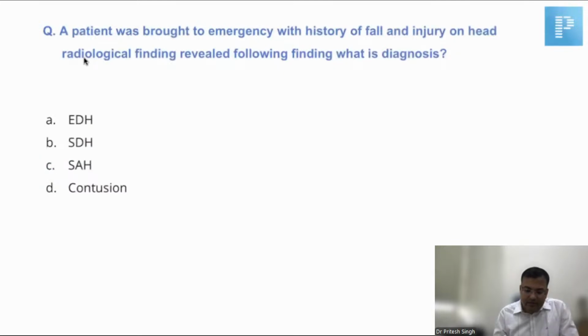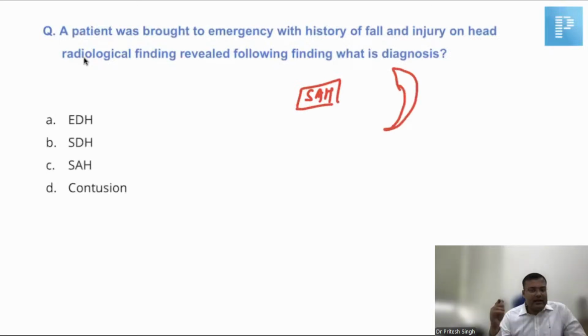Next. Patient was brought to emergency with history of fall and injury to head. Radiological finding revealed, what's the diagnosis? Somebody was telling me that, sir, it was SDH. What was the image, guys? Okay. Somebody says that no. So it depends.